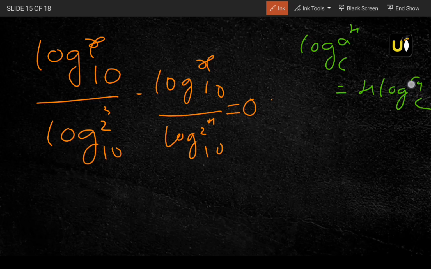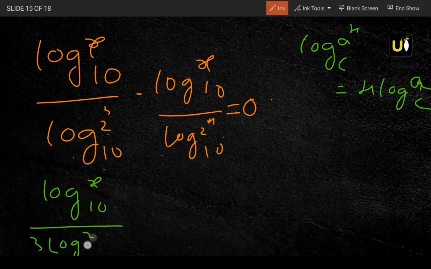So here we can write this as 3 log 2 to the base 10 and 4 log 2 to the base 10. That means the resultant equation is log x to the base 10 by 3 log 2 to the base 10 minus log x to the base 10 by 4 log 2 to the base 10.